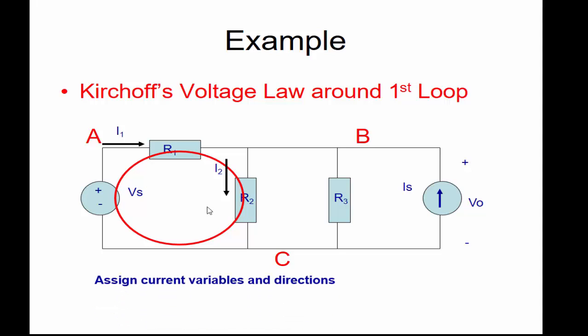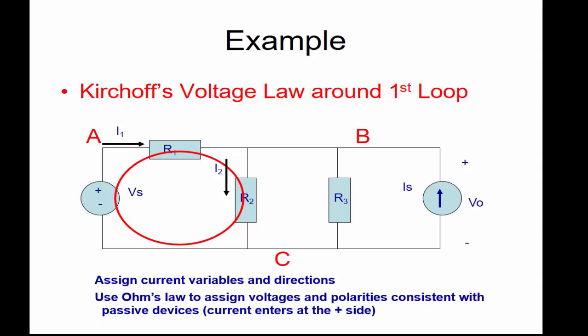We need to assign current variables and directions. That's the first thing we need to deal with. Now, assigning current variables and directions, this is what we experience. We use Ohm's law to assign voltages and polarity with passive devices. Current enters at the positive side, just like I said. Let me show you what this means.